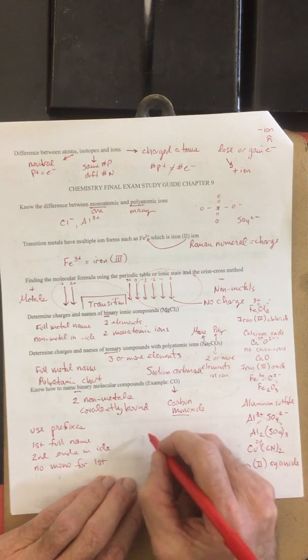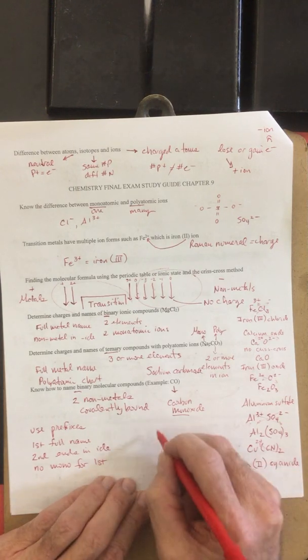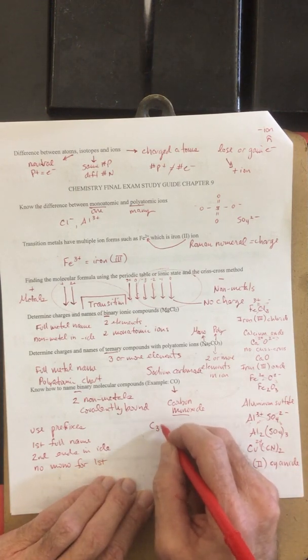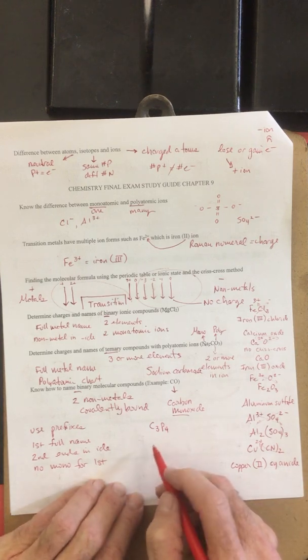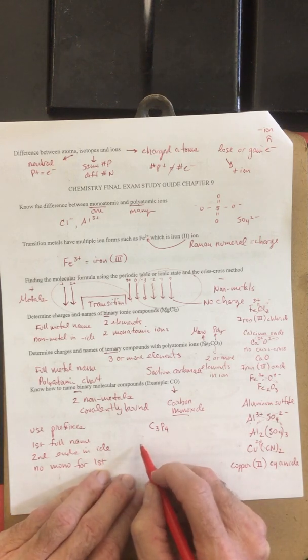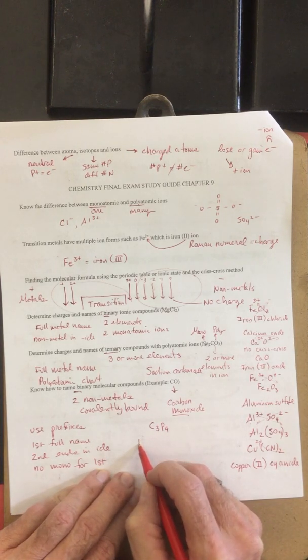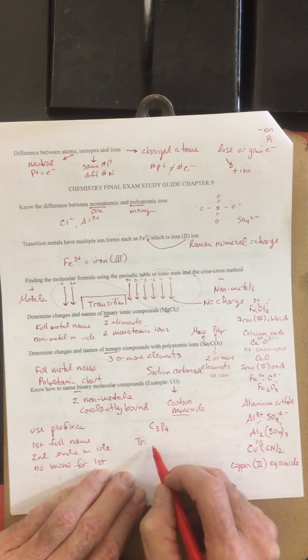Okay, so can you give me the name for this? C3P4. Okay, go ahead and try to name that now. Okay, so we have to use prefixes. So we're going to have a tri, 3 meaning tri.